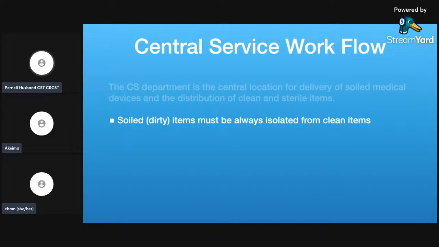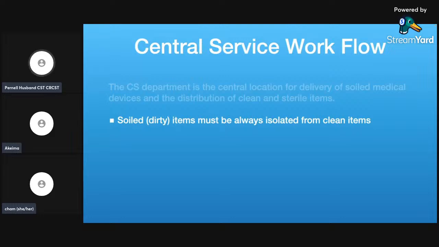Central service or sterile processing takes care of surgical instrumentation and equipment for surgery. There's typically environmental services that take care of cleaning the rooms and other objects, and a laundry service department that takes care of linens.